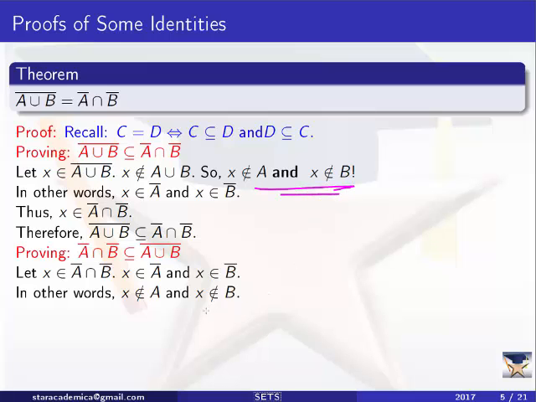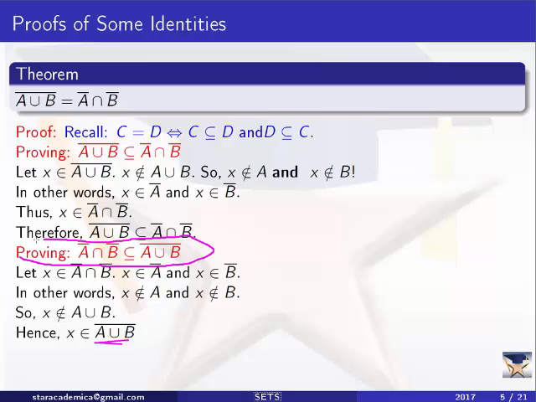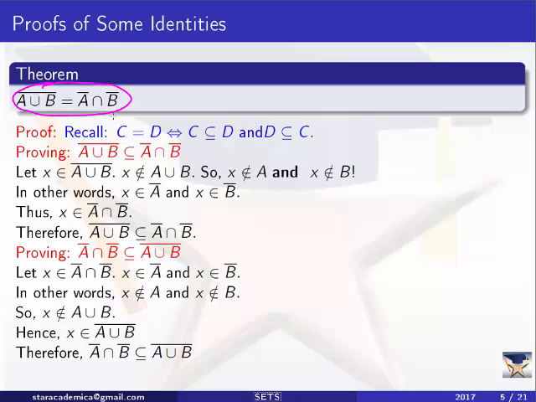We want to move to the union. Then if x is not in A and x is not in B, x cannot be in the union of A and B. So then x is in the complement of the union. So we have the second part. Okay, so we are done with the proof. If we combine these two, we have what we wanted.